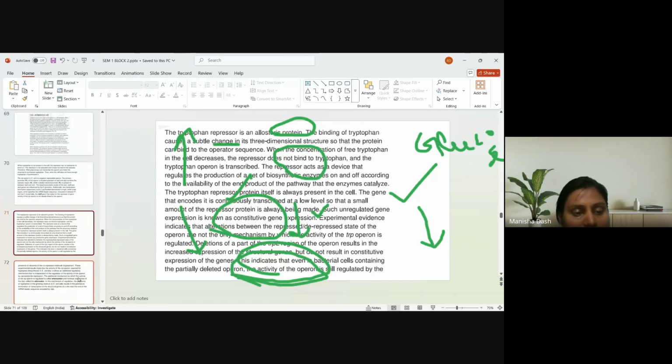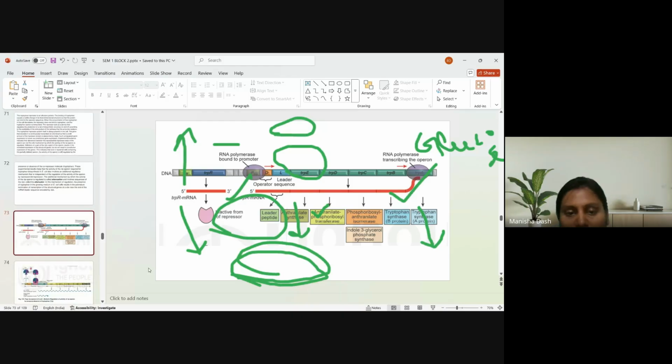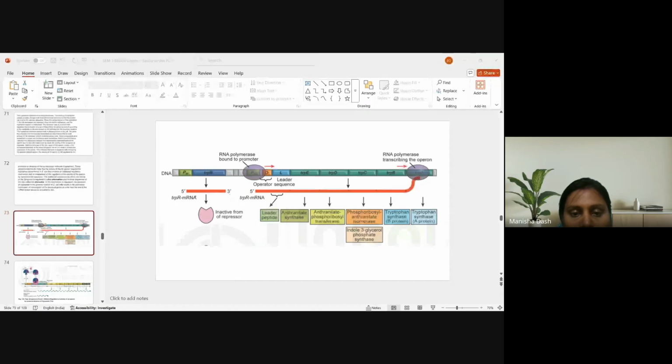Or let's see the last part, that is the tryptophan operon. So like lactose is an inducible operon, tryptophan is actually a repressible operon. So here the tryptophan has a negative impact on the expression of the gene. So this is the arrangement of the tryptophan operon.